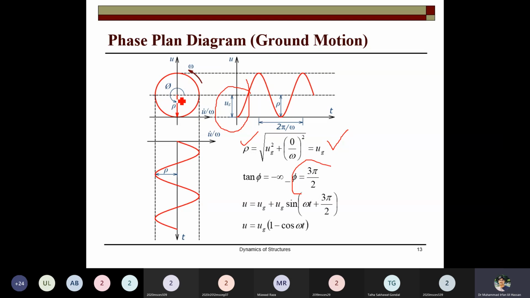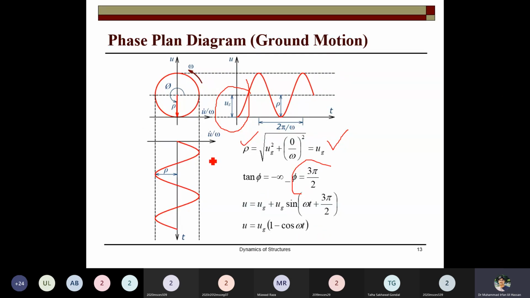So it means that the phase angle is here. At this point, the amplitude is obtained, and total displacement is ug plus ug sine of omega t plus 3 pi by 2. This is the total displacement. Generally, it can be written in the form u equals ug times 1 minus cos omega t.